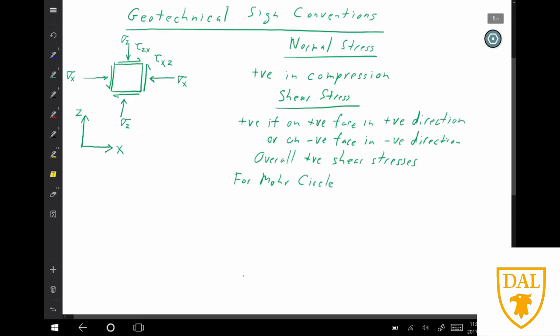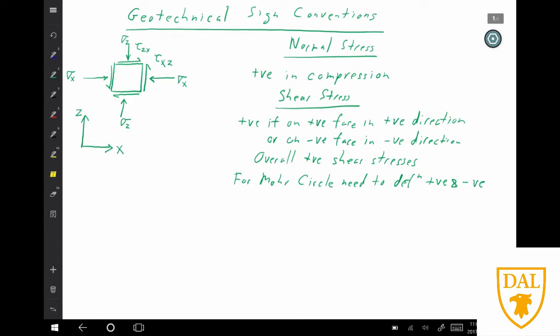For Mohr circle, we need to define a positive and negative sense. The convention that I use is quite simple.